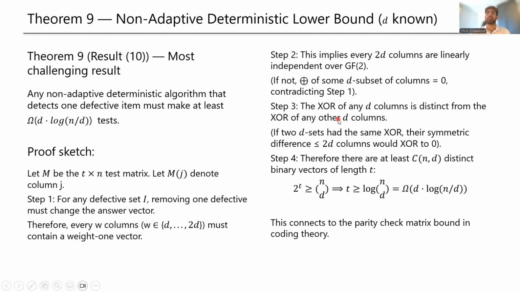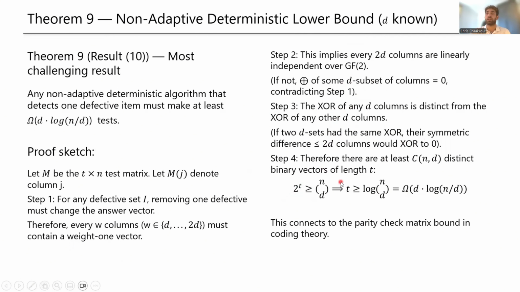And step number 4 says that therefore there are at least n choose d distinct binary vectors of length t, and then we can say that 2 to the power of t is greater or equal to n choose d.